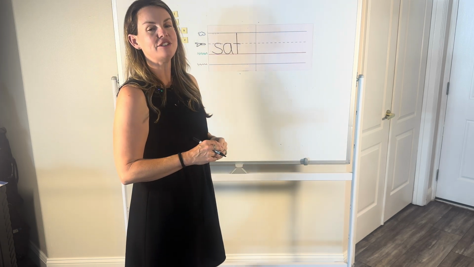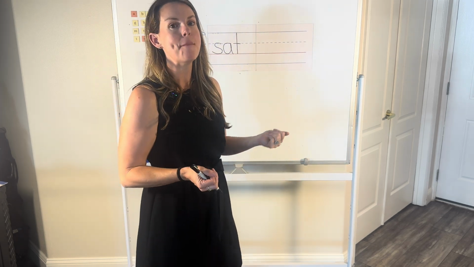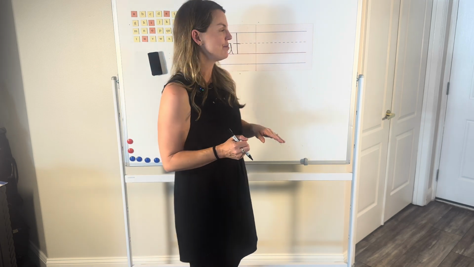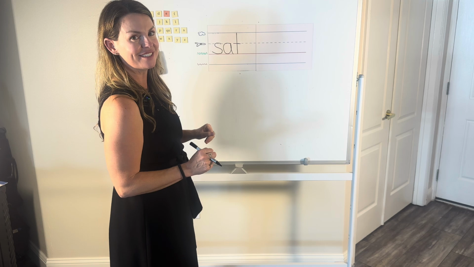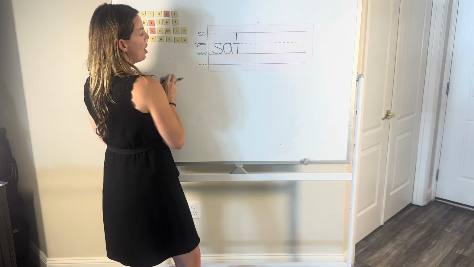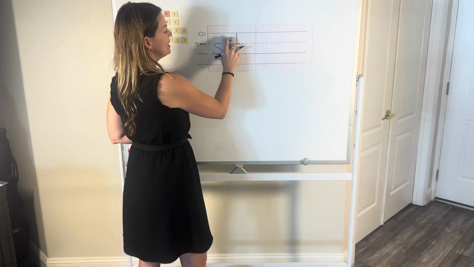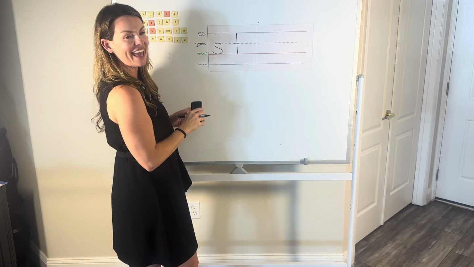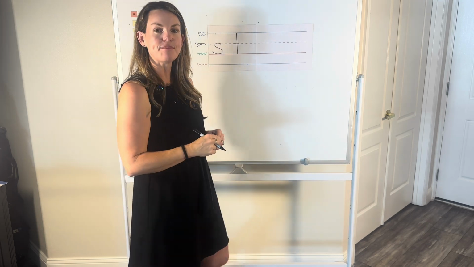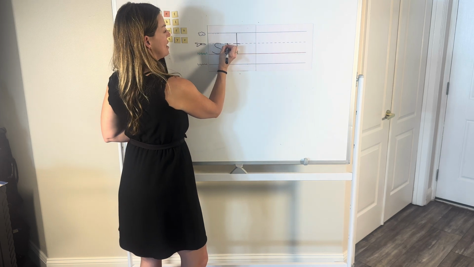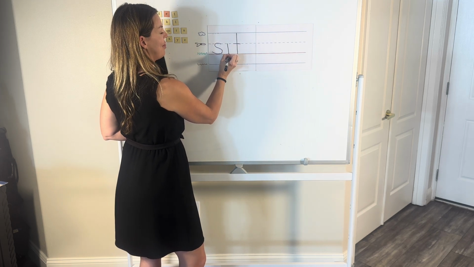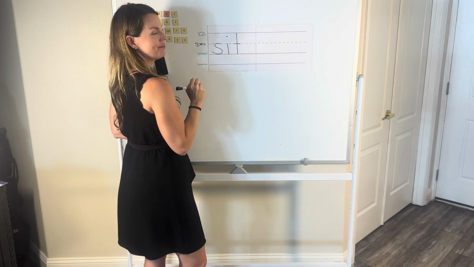Now we're going to change the middle sound back to I. What letter is the middle sound? A. We're going to change this sound to I. What letter spells I? I. I starts on the plain line, and then we give it the dot.